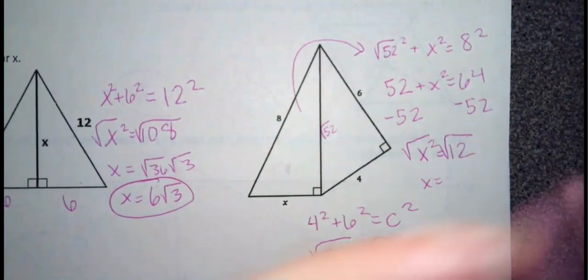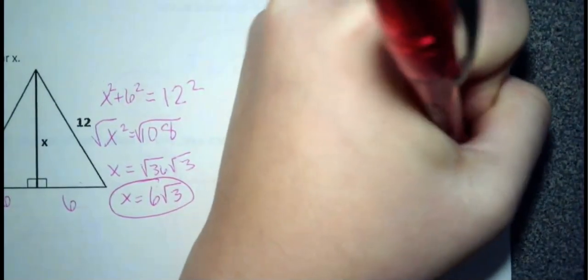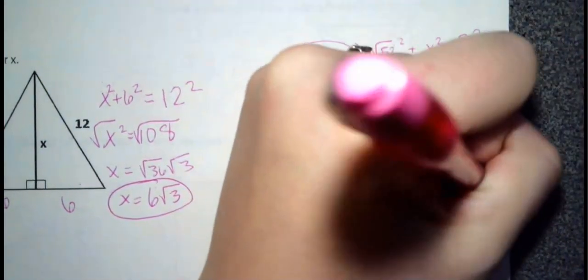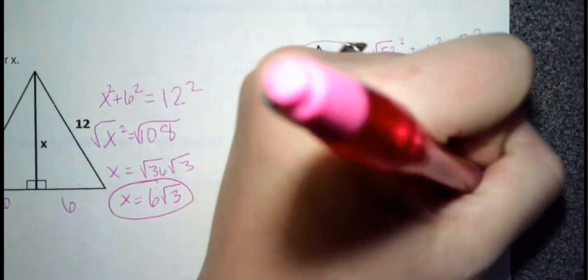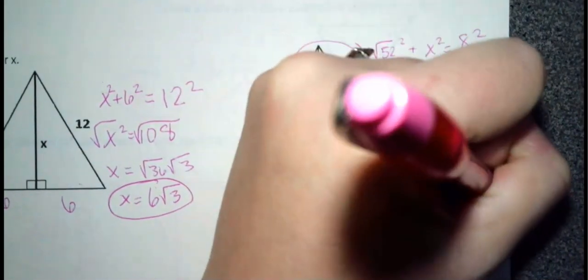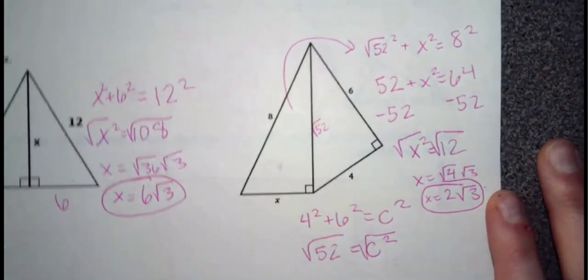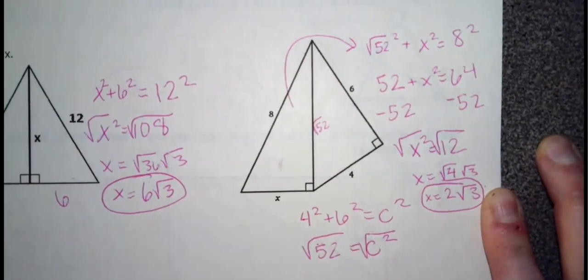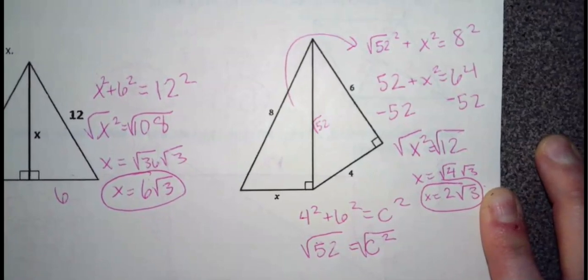The square root of 4 is 2. So you split it to 4 and 3, and it becomes 2 root 3. So that is going to be your final answer. It's kind of a long process because you got to solve for this one first, and then you got to come solve for this one and get 2 root 3.